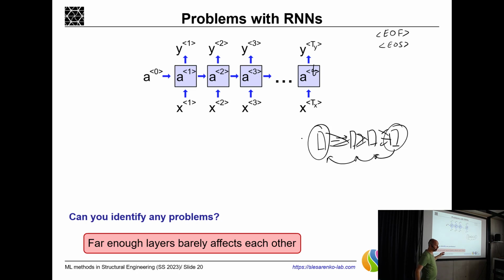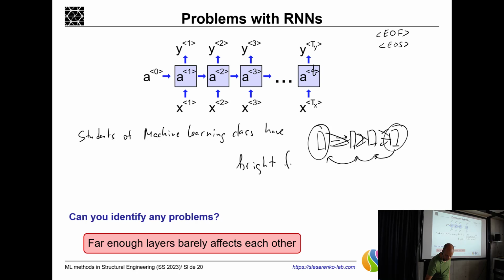And this problem is even stronger in the case of RNNs. Because if you have the sentence that we discussed: students of machine learning class have bright future. Now, let's say the words student and students have the same position, because you usually do not store plural and singular separately.